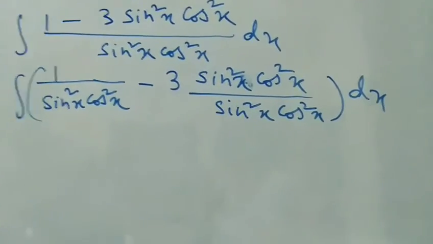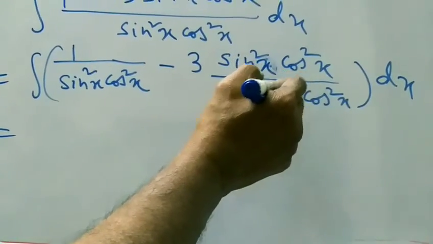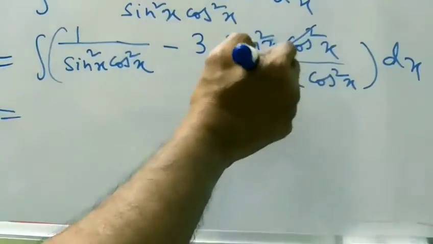Here the sin square x cos square x in the numerator and denominator are cancelled.